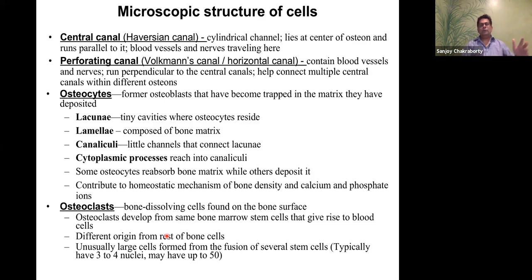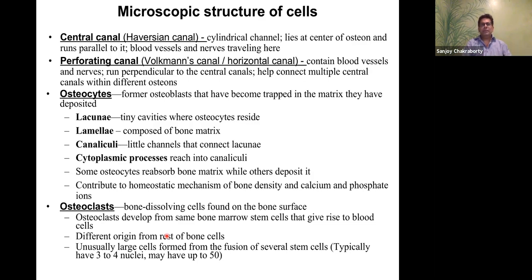For example, if your osteoclasts are more active and take away more calcium, your bone will lose more calcium, so your bone density will go down. Sometimes we call that osteoporosis. Your bone will be more porous. Hormonal imbalances can cause this.